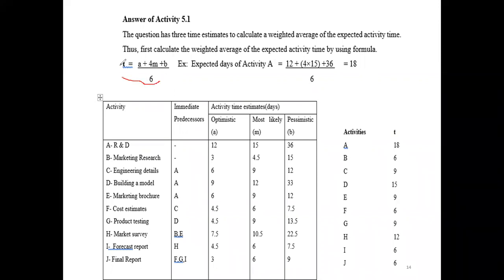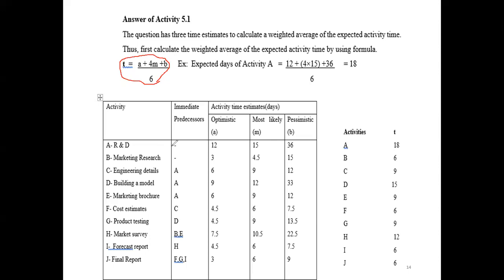T is equal to A plus 4M plus B, divided by 6. A is optimistic time, B is pessimistic time, and this is M, 4 into M, divided by 6. Then the expected time for each and every activity will be calculated. Let me show one example for the A activity.